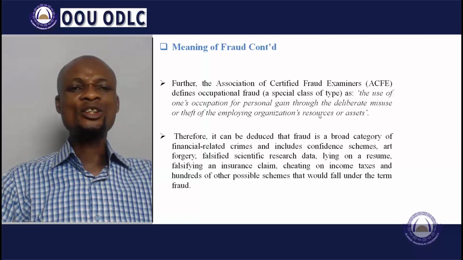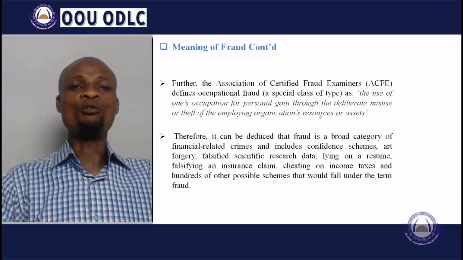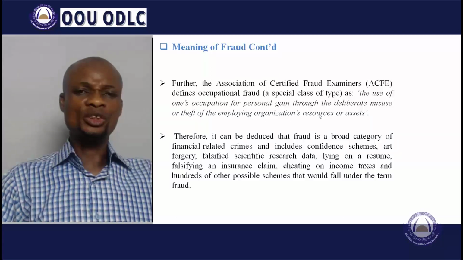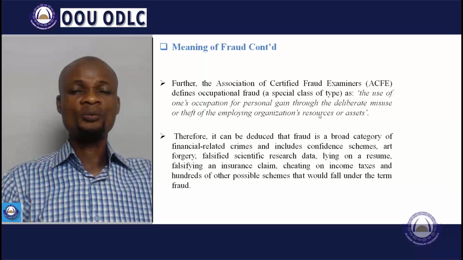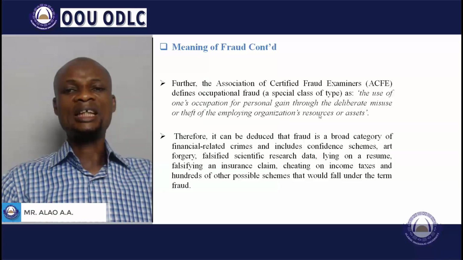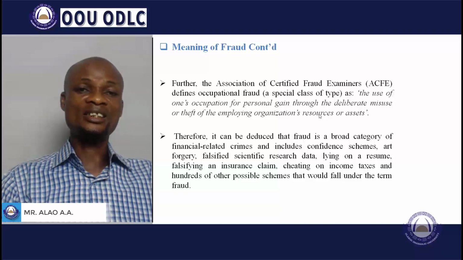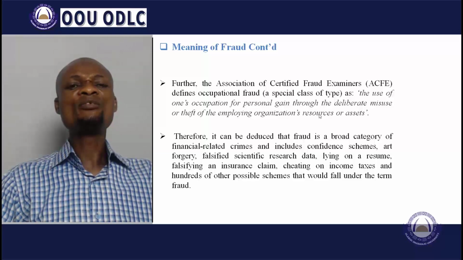And looking at this last paragraph here, it can be deduced that hardly will someone be exonerated from fraud, or almost everybody engages in one form or the other of fraud, either knowingly or unknowingly. And that is why it is said in the last slide that fraud is a broad word. It involves many things.